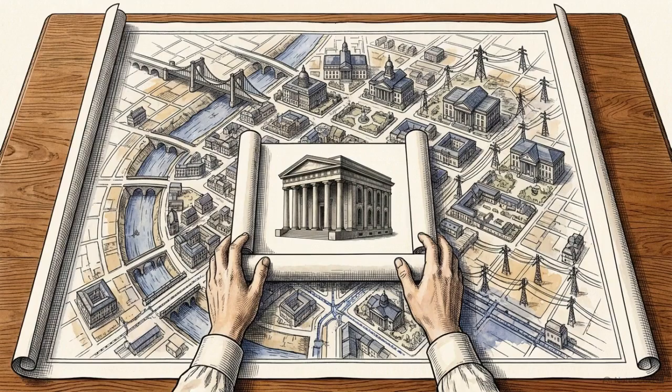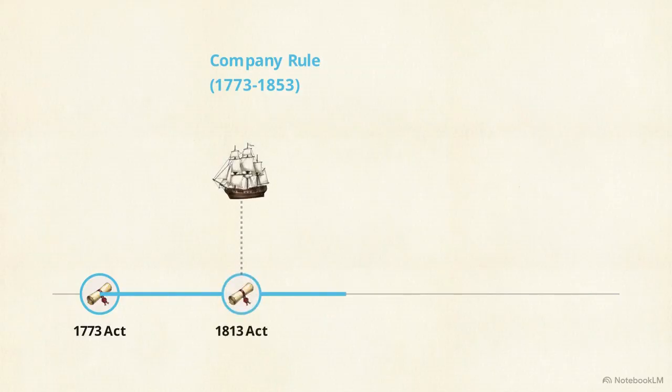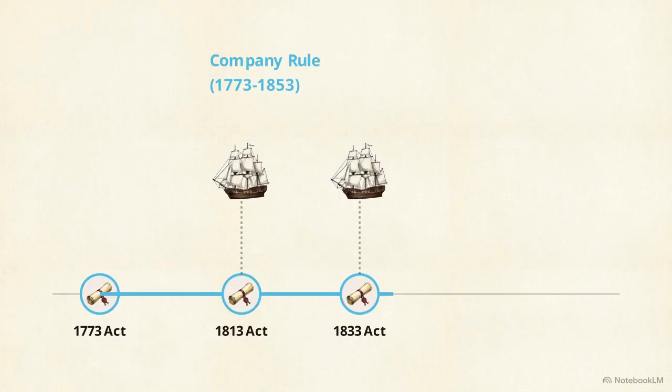When we step back from the specific details of 1774 Calcutta, we can see how this single court fits into an overarching constitutional trajectory. Returning to our timeline, the 1773 Regulating Act was not a one-off event. It was the catalyst for a continuous tightening of parliamentary control. We see this clearly in the subsequent milestones, specifically the Charter Acts of 1813 and 1833.